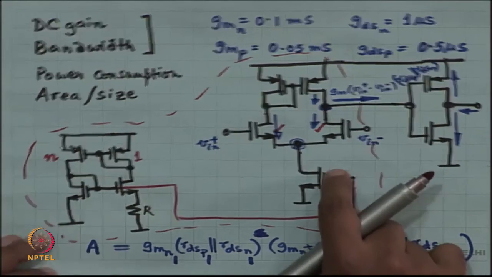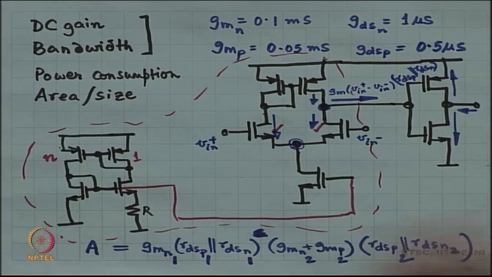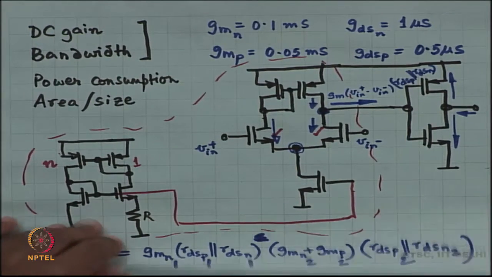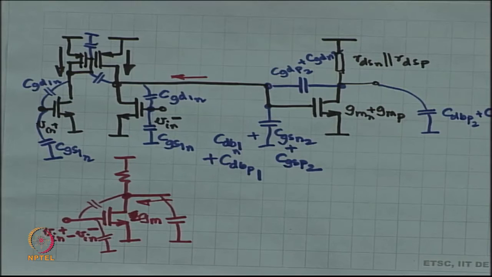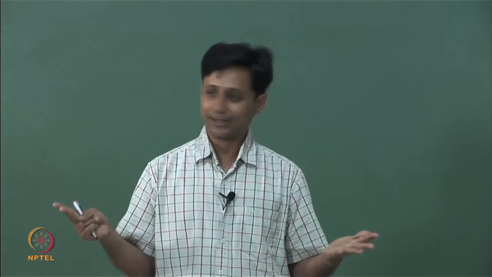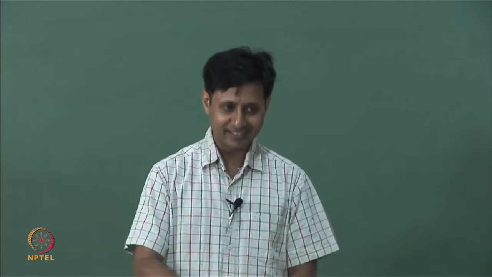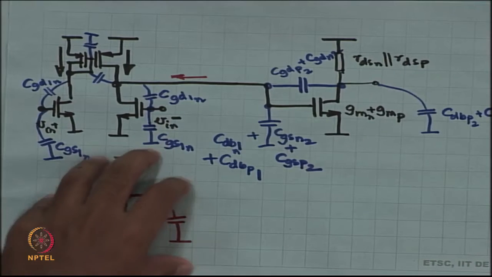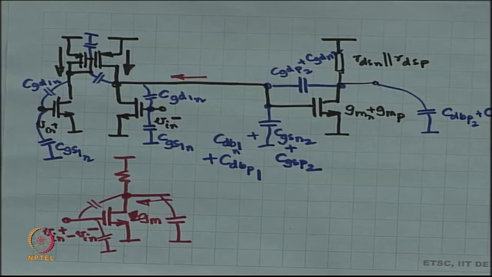If this is ground in the small signal, then this device behaves like a resistor in the small signal. Okay. So, this entire thing is going to be modeled as this one device. How can you do such a thing? By just estimating the short circuit output transconductance, and by estimating the output impedance. So, this is like a gigantic Norton equivalent of the entire first stage. Okay, that is the plan.